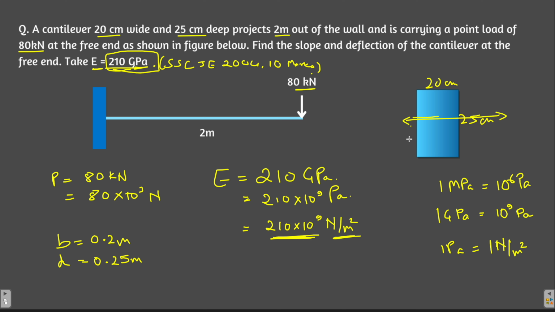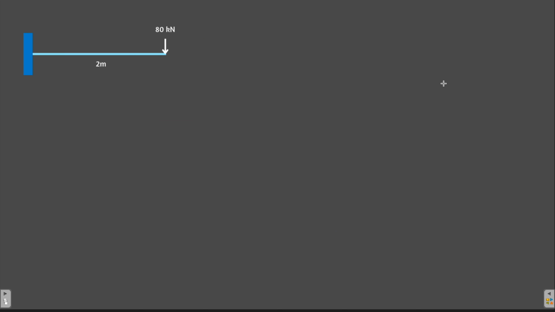Okay, so let's calculate the moment of inertia. So this is the beam over here. The width was given as 0.2 meters and the height was given as 0.25 meters, right? So we have to calculate everything in meters. What is the moment of inertia of a rectangle? The moment of inertia of the rectangle is BD cubed by 12.